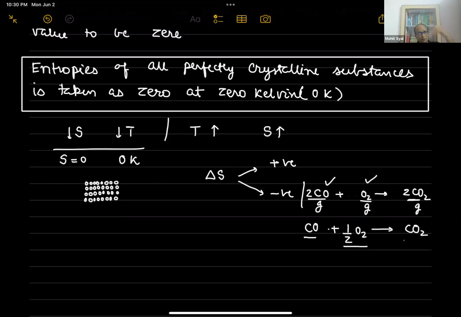At 0 Kelvin, there was no motion, there was no energy at all. So all the particles were sitting in a systematic manner. The entropy value of any perfect pure crystalline substance, crystalline means all the particles are arranged in a perfect manner.